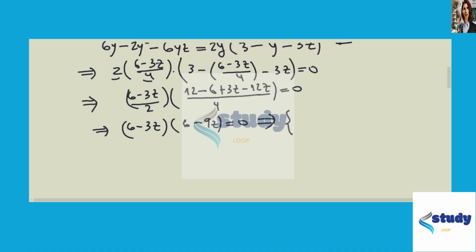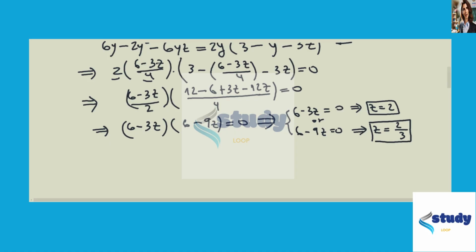So we can say that 6 minus 3z is 0, or 6 minus 9z is equal to 0. From this, we get z equals 2, and from here we get z equals 6 over 9, which divided by 3 is 2 over 3.